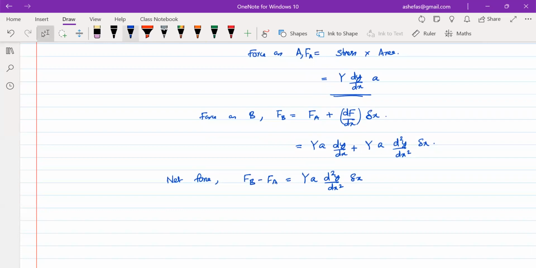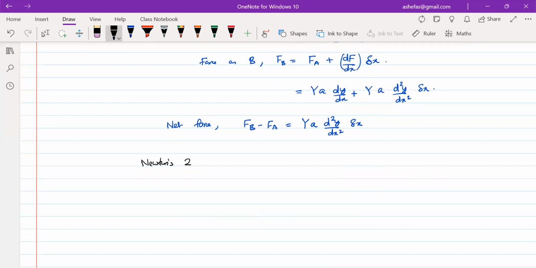Now according to Newton's second law, net force is equal to mass into acceleration. Okay, so we cannot use small a here for acceleration.